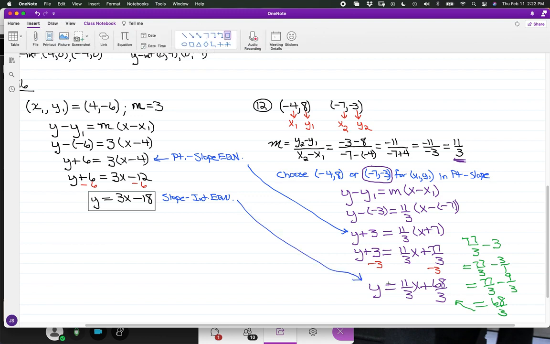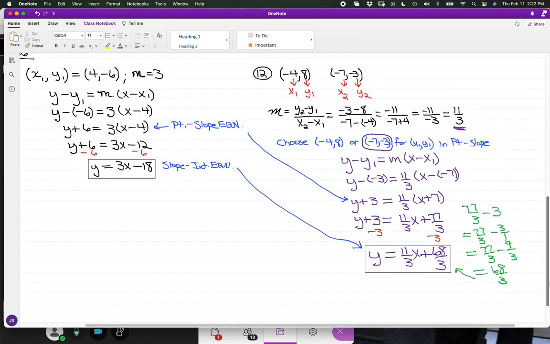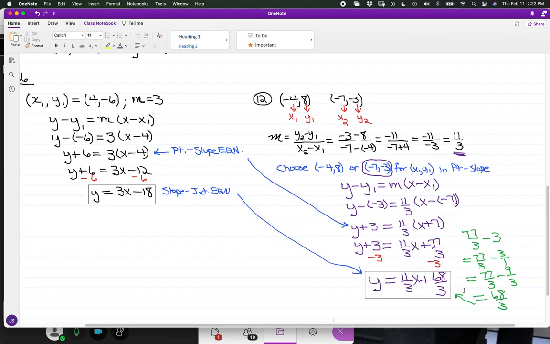Now you can test the consistency. I got fractions, but if I test out the first point, say x is -4, 11 times -4 is -44, so we've got -44/3 plus 68/3. -44 plus 68 is 24, and 24/3 is 8.